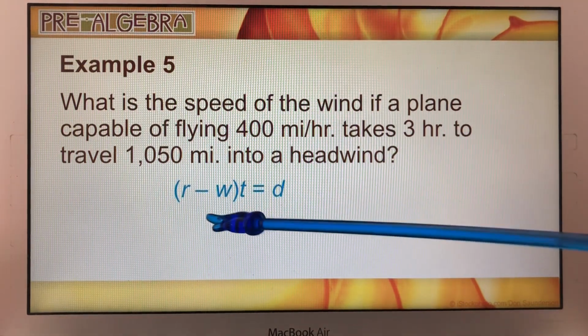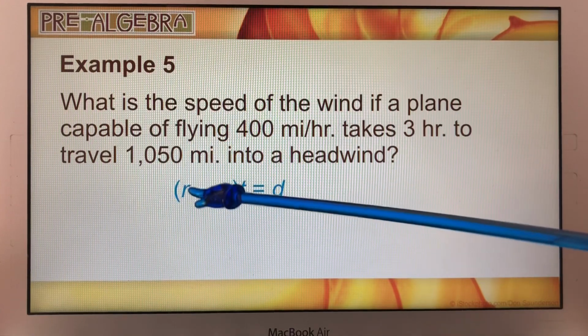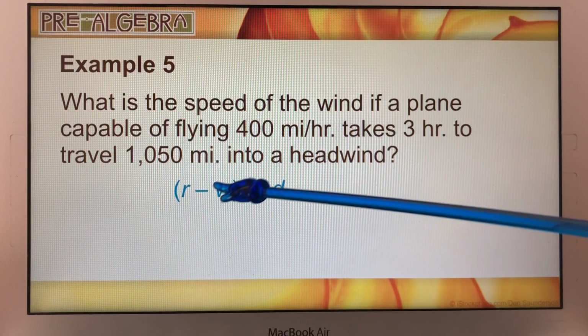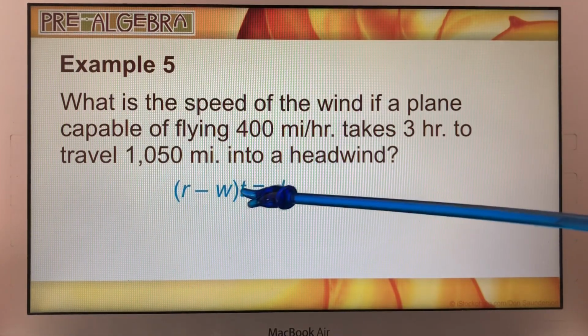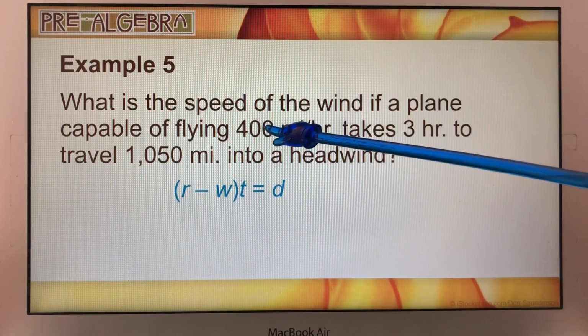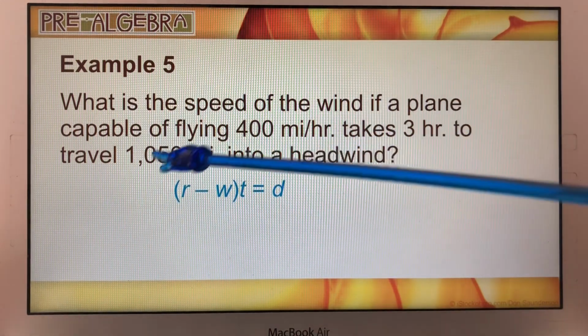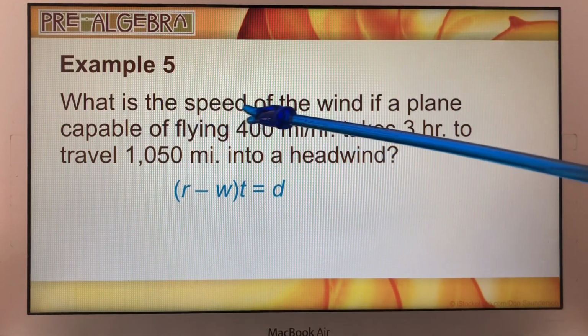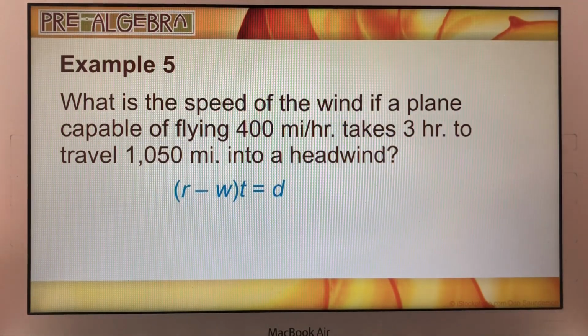But now we also have the headwind. So our rate is going to be rate minus the wind, times the time equals our distance. And then all you have to do is just plug in our information here, and we're trying to find the speed of the wind.